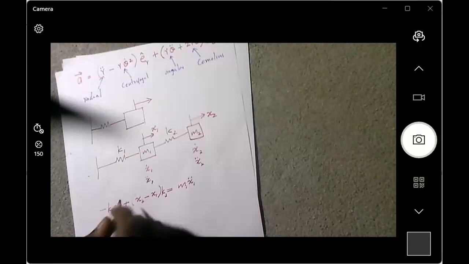Since X1 is in the same direction, we'll take this also as a minus value, which will make our life a little bit easier.